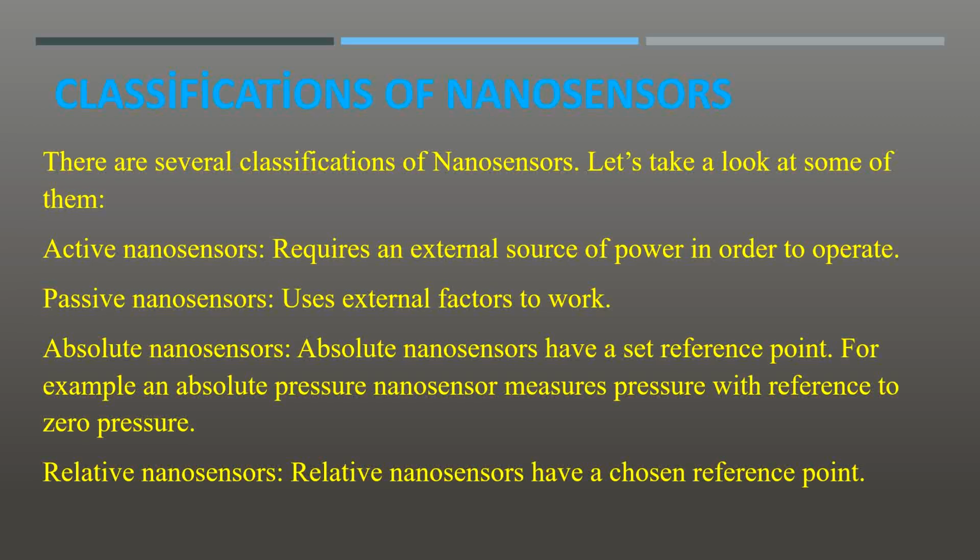Passive nanosensors use external factors to do work. Absolute nanosensors have a set reference point. For example, an absolute pressure nanosensor measures pressure with reference to zero pressure. Relative nanosensors have a chosen reference point.